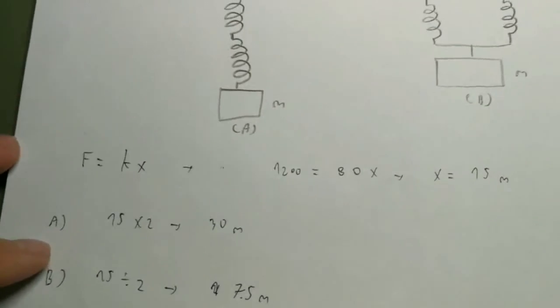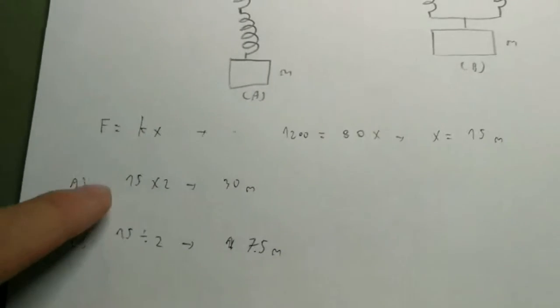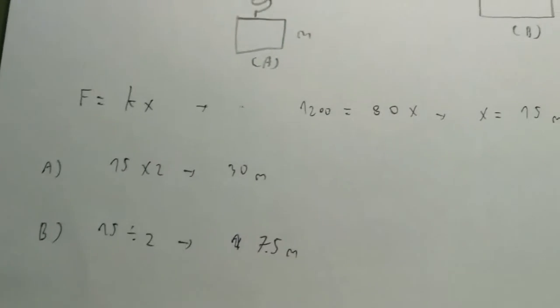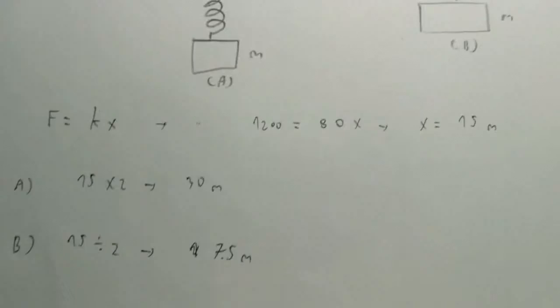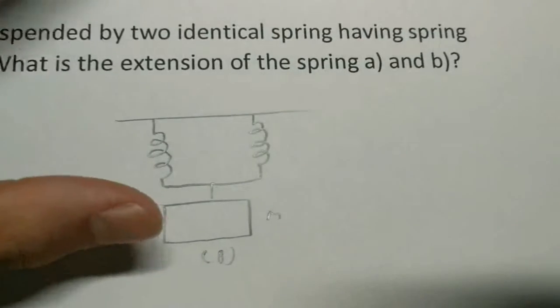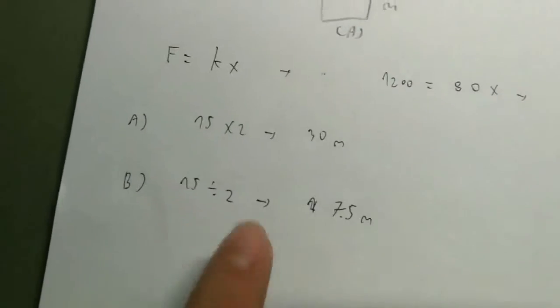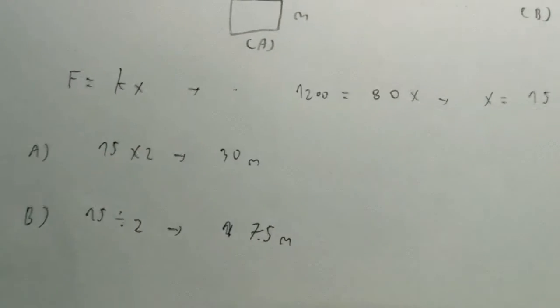In A, the spring is directly here, so I use 15 times 2 equals 30 meters. And B is divided by 2. 15 divided by 2 is 7.5 meters.